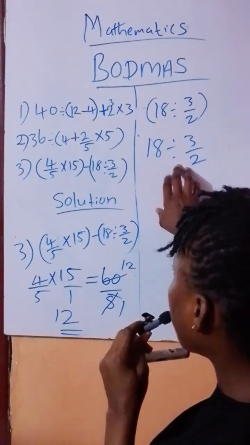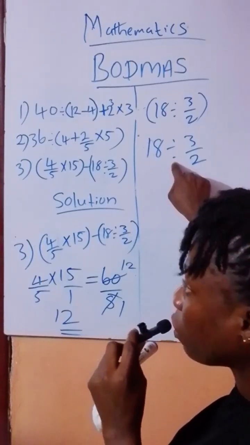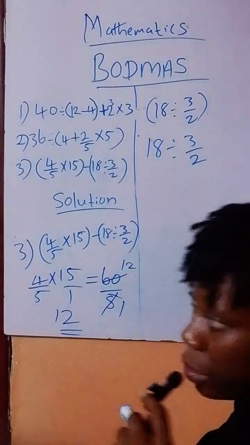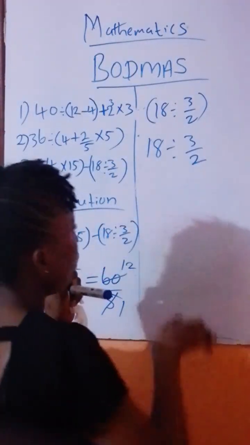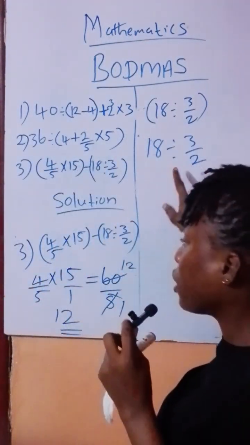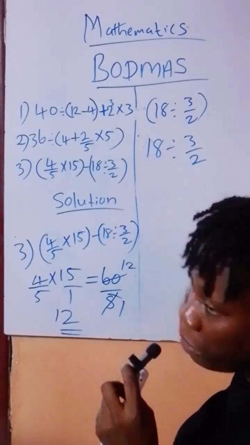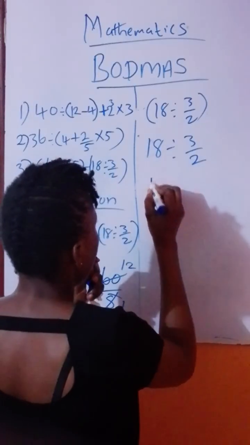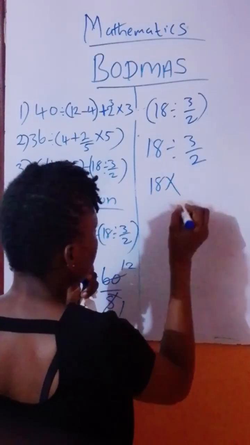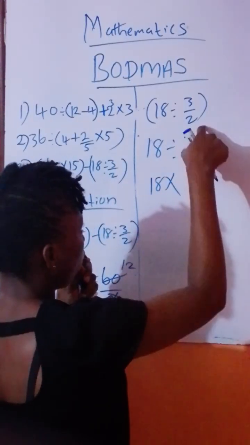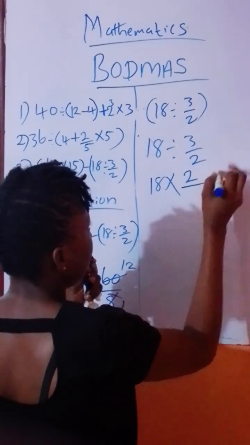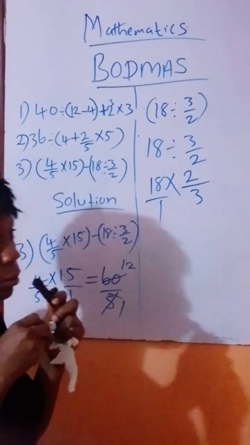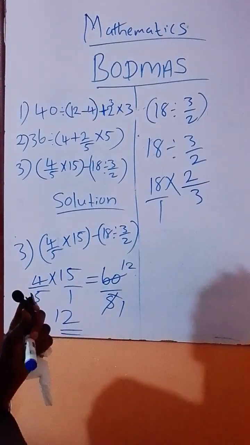When you see something like this, division will change to multiplication so that we can be able to solve the question. And when this division changes to multiplication, this fraction is going to flip over. Let's solve it so you can understand what I'm saying. We have 18 times, these 2 will come up, then the 3 will come down. Understand what I mean now?